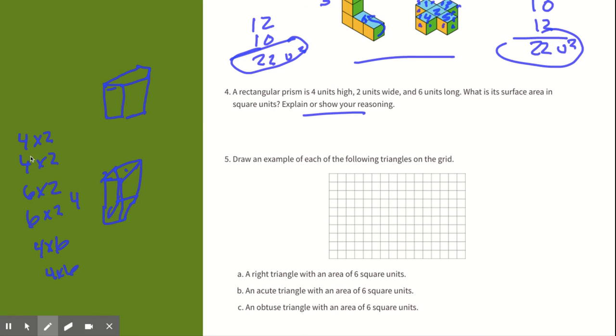So the 2 by 4s, total of 16, the 2 by 6s, that's 24, 24, 48. So I come up with, should do this neater, 48 plus 16 plus 24, which is 88 units squared. So 2 2 by 4s, 2 6 by 2s, 2 4 by 6s.